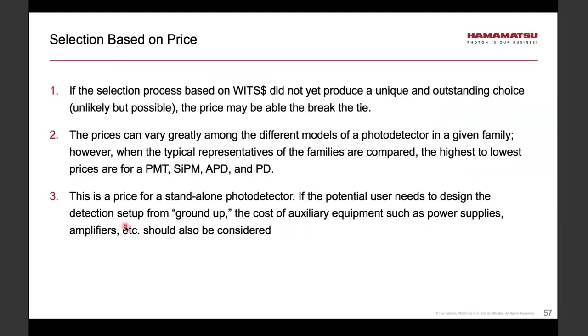For standalone devices, the pricing would be such that PMT will be the most expensive and photodiode the least expensive. But these are for standalone photodetectors. Please note that photodetectors must have biasing circuits and detection circuits. And so a better way to look at pricing is not for individual components, photodetectors, but for the entire systems.